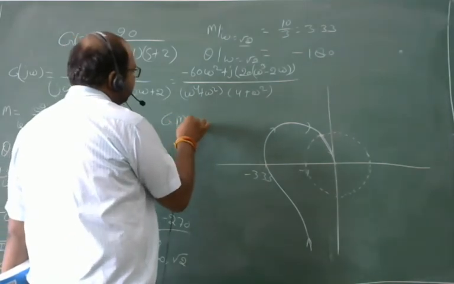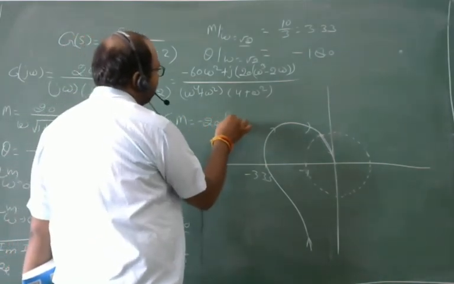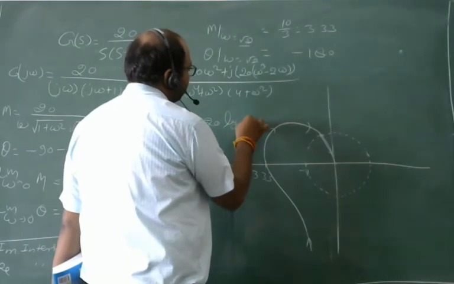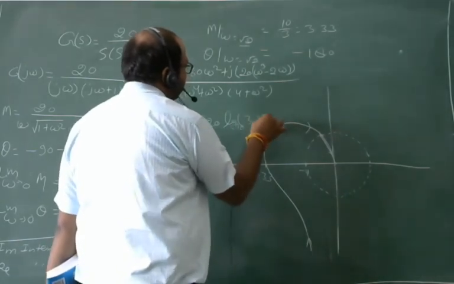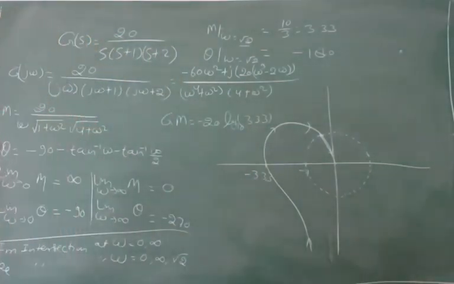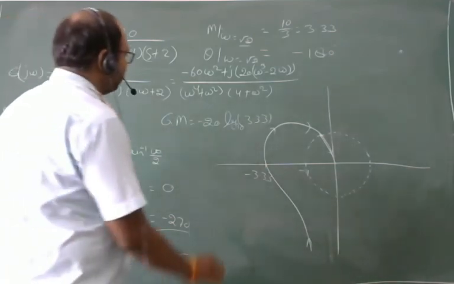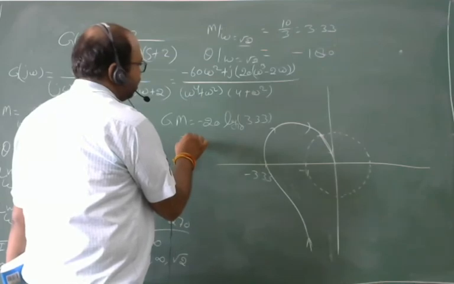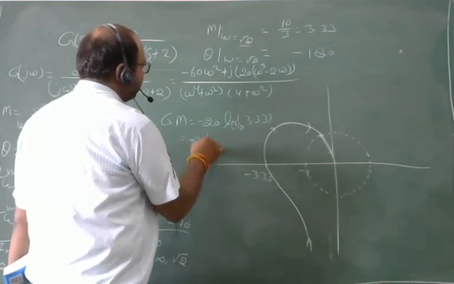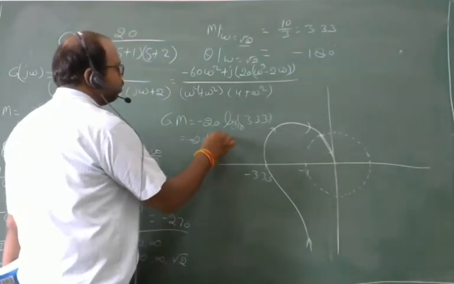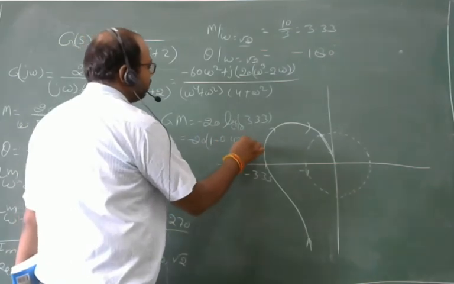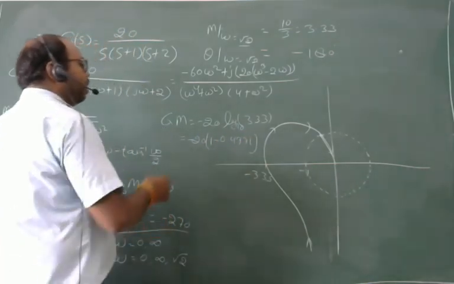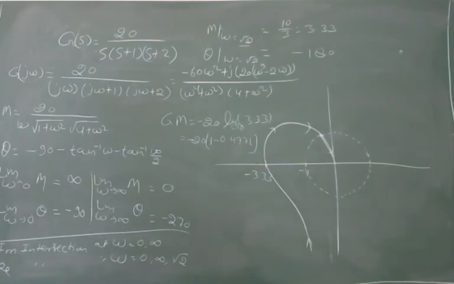Gain margin will be minus 20 log base 10 of 3.33, or 10 by 3, right? So this will be minus 20 times (1 minus 0.4771), and after solving this we can find our gain margin in dB.